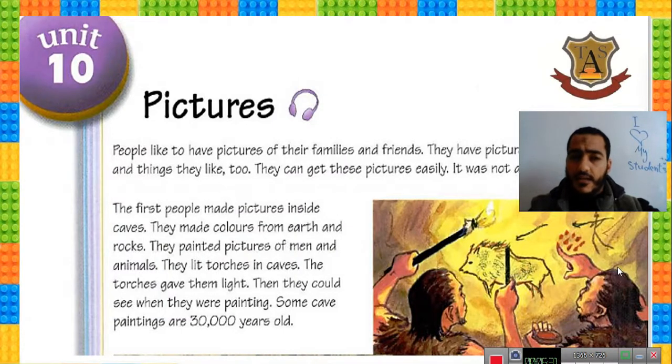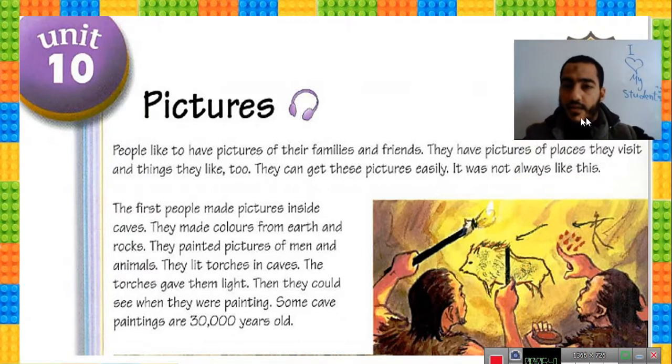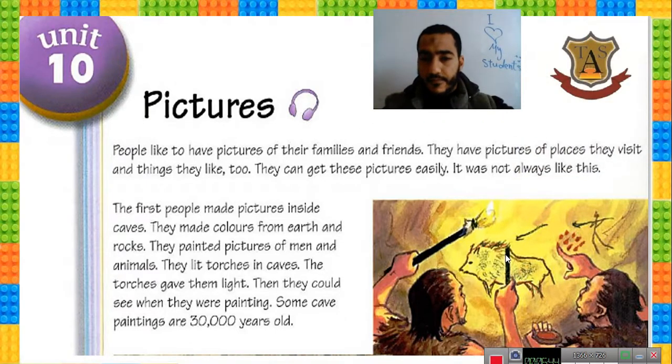The next is our lesson. Before we start reading the lesson, we used to look at the pictures and talk about them. Stop the video and try to talk about this picture. We have two men.